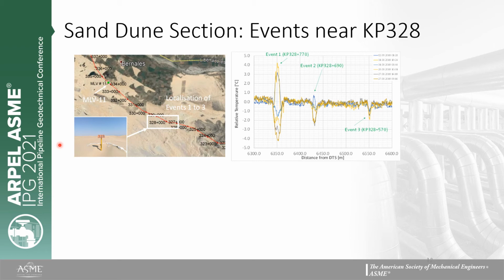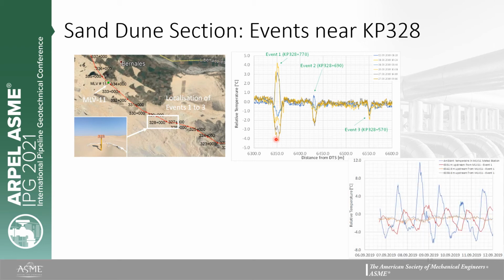One peak was very large, larger than the 2 other events. It had a larger amplitude variation, temporal variation, and also a larger extension. These 3 events are related to some erosion because they are periodic.